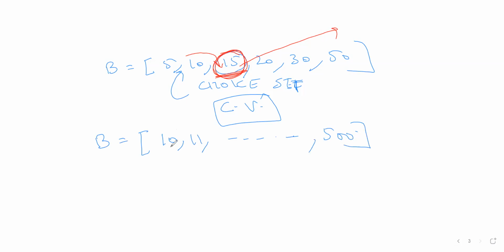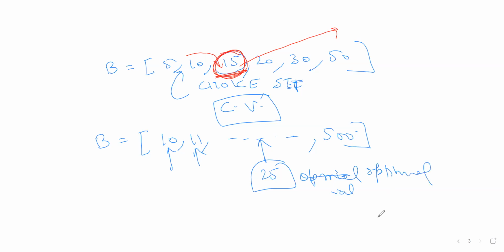B values can go all the way. The software will test for 10 decision trees, then 11 decision trees, and say at 25 decision trees it will say this is the optimal value for the decision tree.